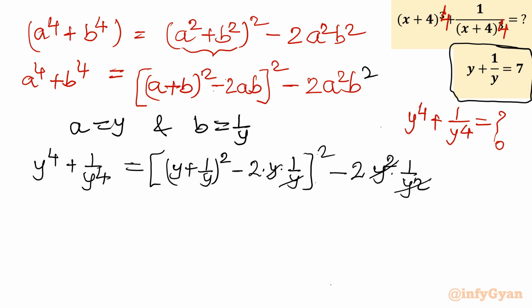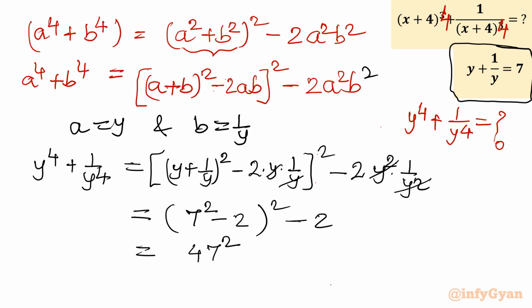You will find out y power 4 plus 1 over y power 4. So that value will come out. If I write quickly, it will become (7 square minus 2) whole square minus 2. This is our answer. So if you want to write, then 49 minus 2, 47 square minus 2. This is our answer. If you want to find this value, you can write the answer also.